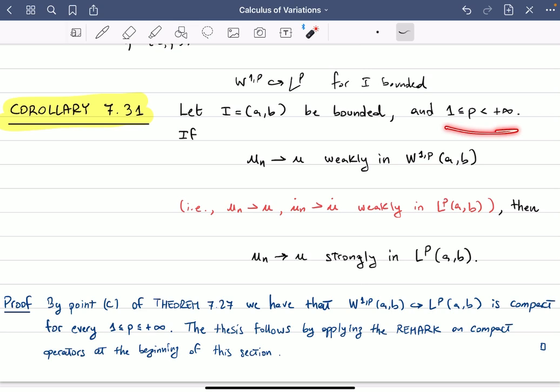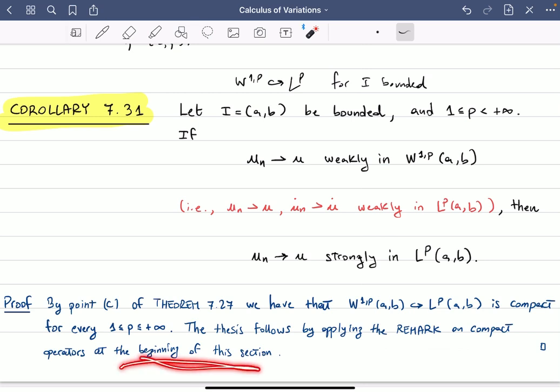I didn't put plus infinity here because the weak convergence in L infinity is not a weak convergence, so we don't talk about it. It's called weak star convergence, but for the scope of this course it's not interesting. So we have this compact embedding, and then the thesis follows by applying the remark on compact operators at the beginning of this section.